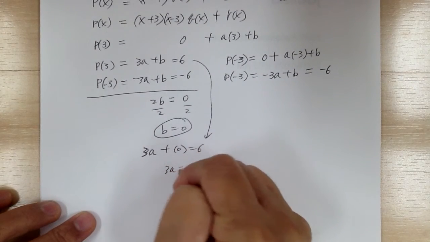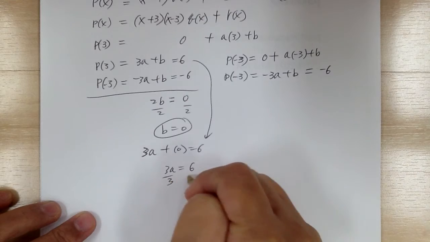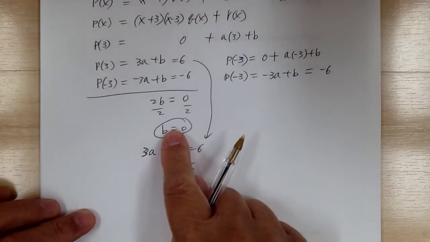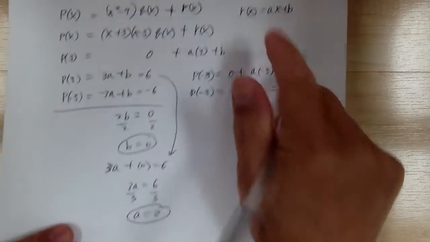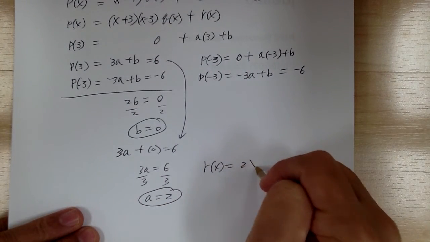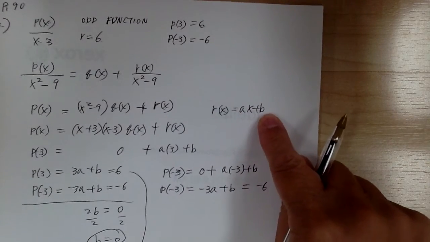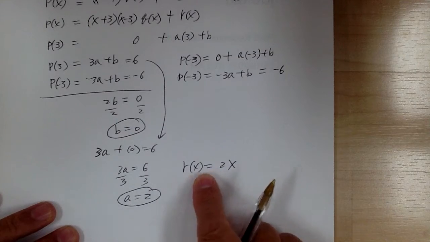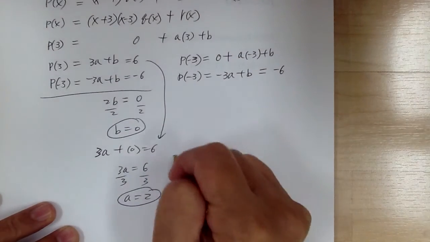So 3a equals 6, divide by 3, so a equals 2. Once we find a and b, we can find r of x. So r of x equals 2x, since a is 2 and b is 0. So r of x is just 2x.